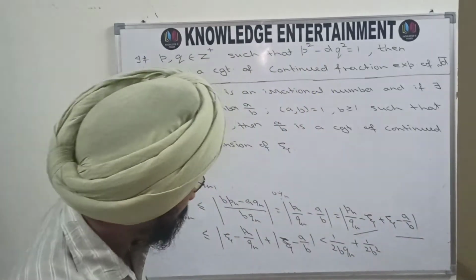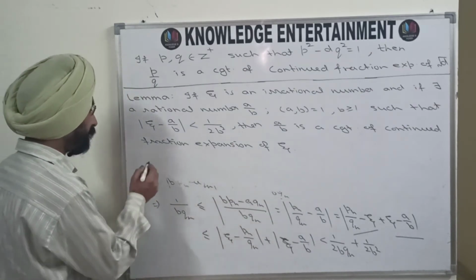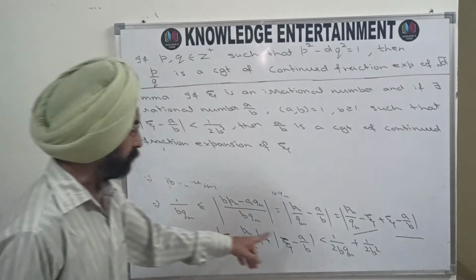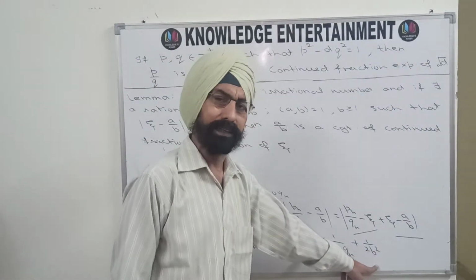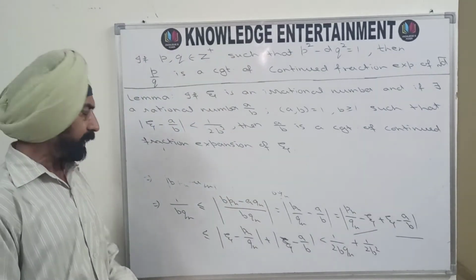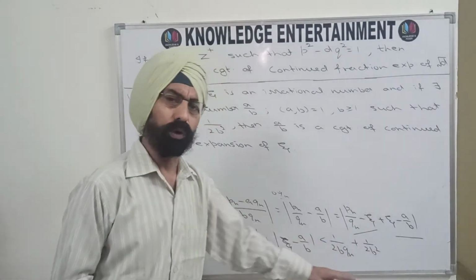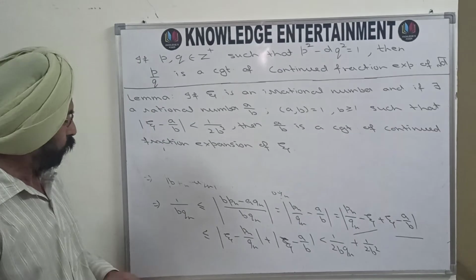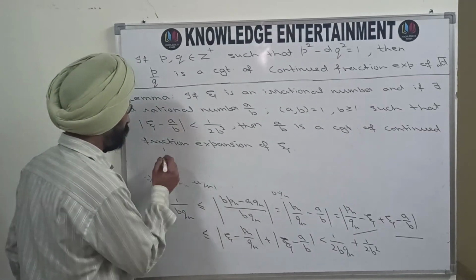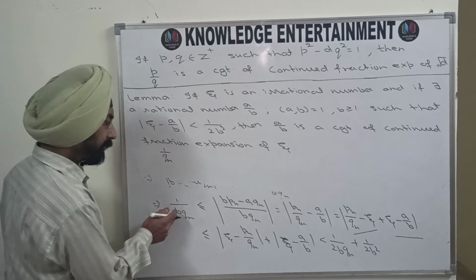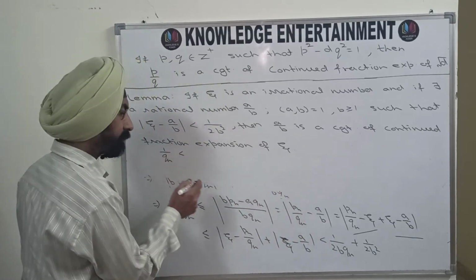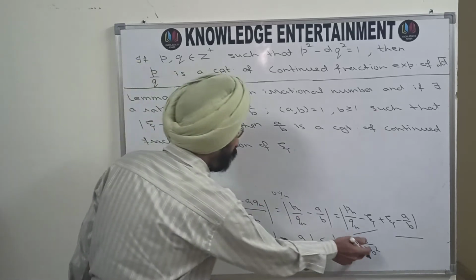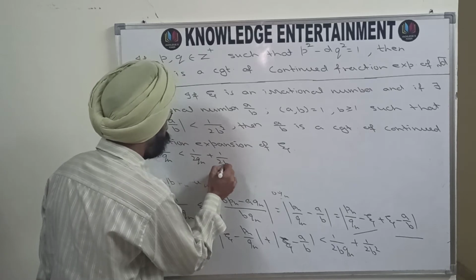So rewriting, you will get 1 upon b q1. One thing to be noted is that b is in the denominator here, here, and here. So you can multiply this inequality throughout by b. b is a positive number, so there is no problem. b is given to be greater than or equal to 1. So you will get here 1 upon q1 strictly less than 1 upon 2q1 plus 1 upon 2b.